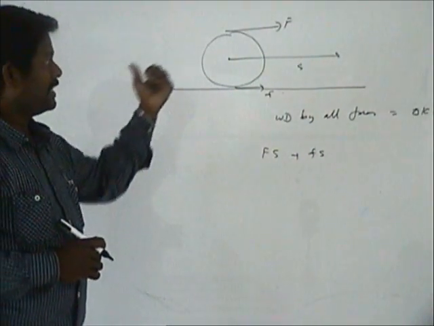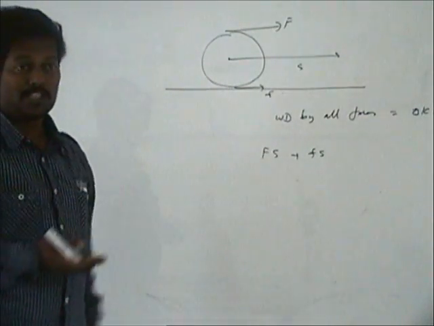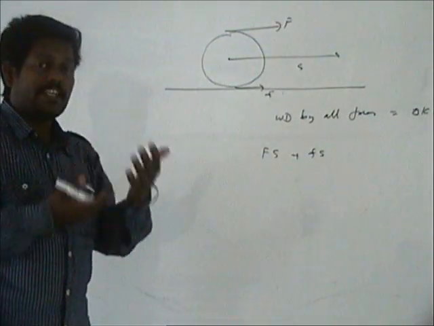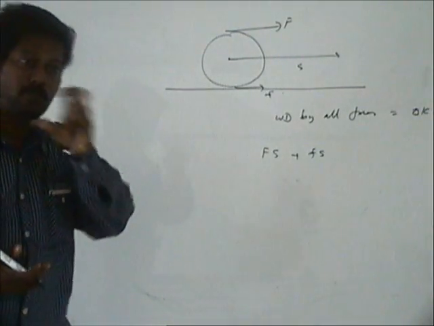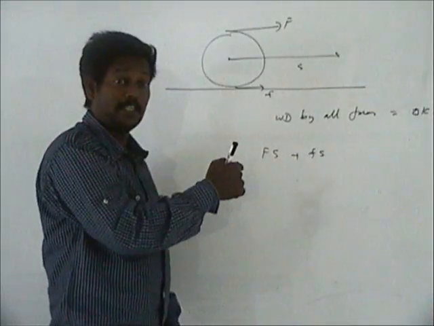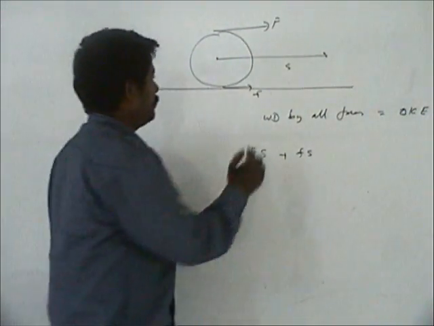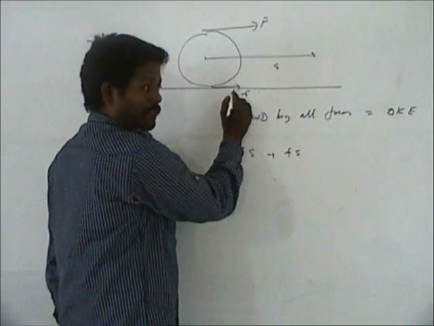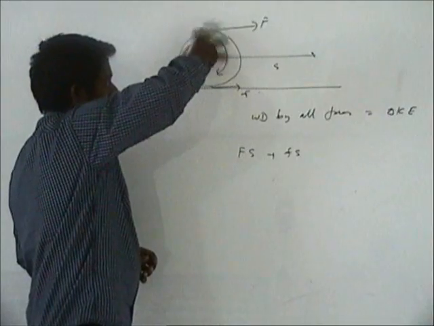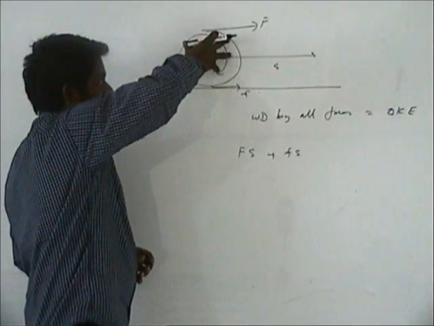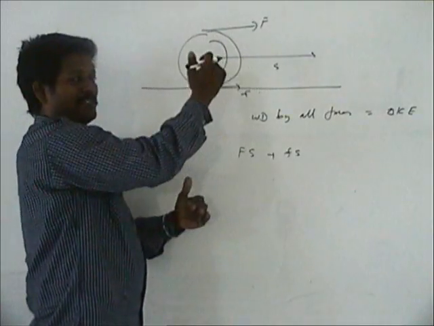If it is in the same direction, to increase the angular velocity, then we take a positive quantity. If a force is trying to decrease the angular velocity, we take it as a negative rotational work done. That has to be considered when we take the total energy into consideration. Therefore, let us see what is the work done by friction. The body tries to accelerate, with angular velocity in this direction, omega increases, but this friction force tries to reduce it.